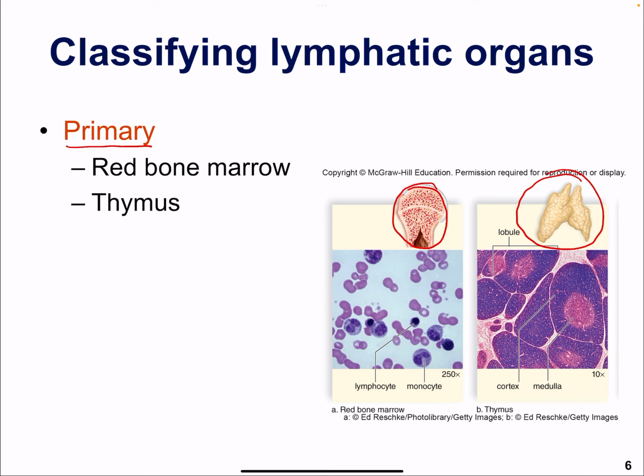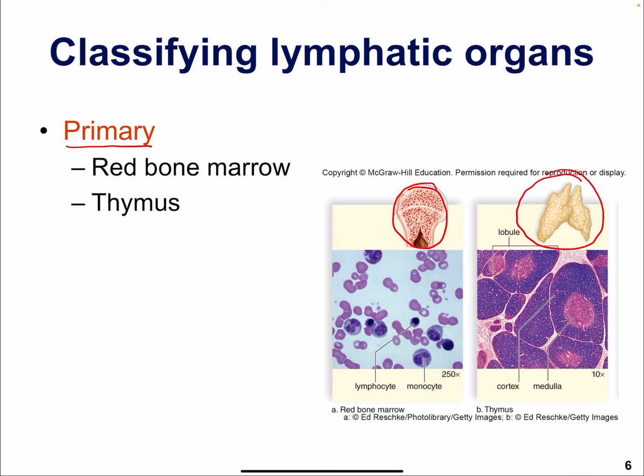Now, the red bone marrow is where blood cells originate. That red bone marrow is going to be the source for white blood cells, or the leukocytes. So without red bone marrow, forget about production of leukocytes. That is the reason why the red bone marrow is a primary organ of the lymphatic system.